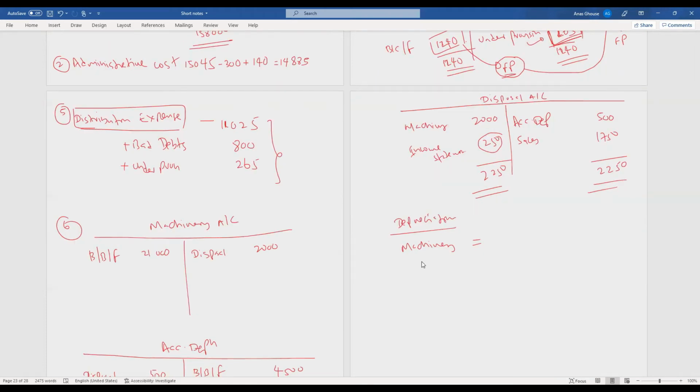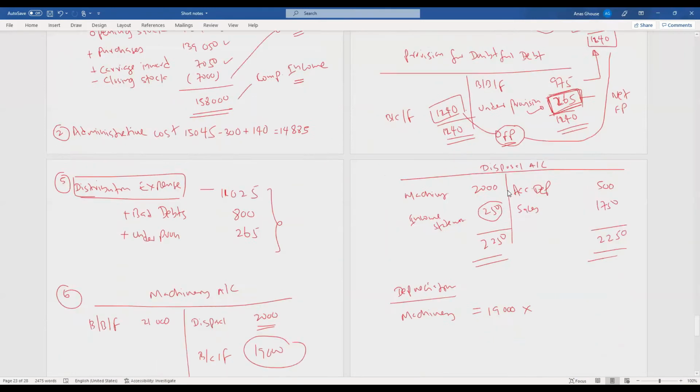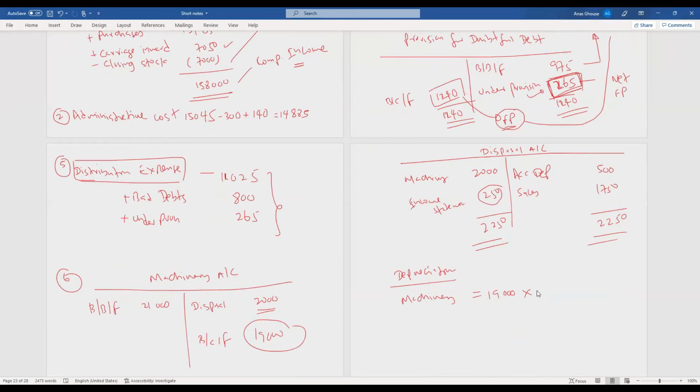When you take this total, the machinery amount will be how much now? 21 million minus 2 million, so the balance carried forward in this account is 19 million. On this 19 million, the depreciation amount will be how much? For the plant you are given 25%. So we can take 25% on this, which is 4,750,000.